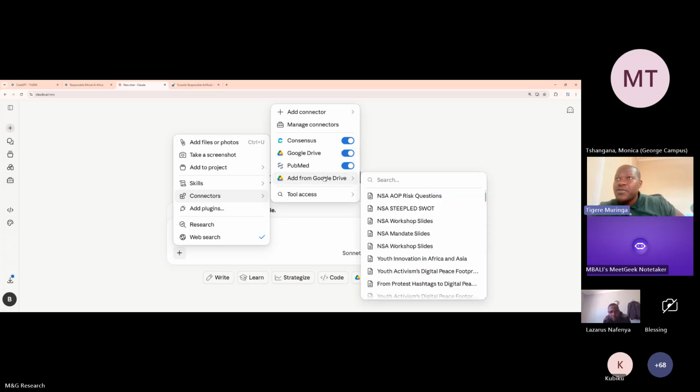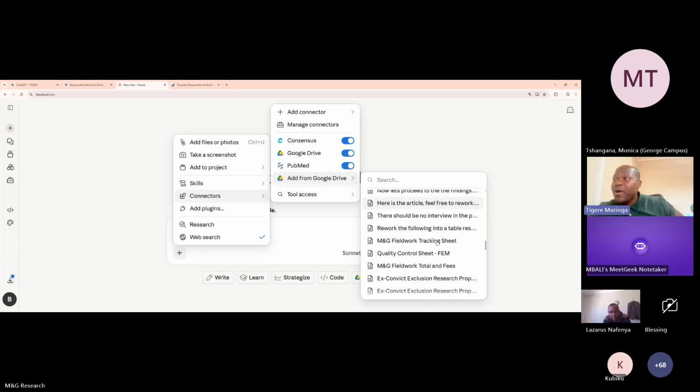So if you go to say add from Google Drive, all these files here that are in my Google Drive, it has access to already before I even do anything.